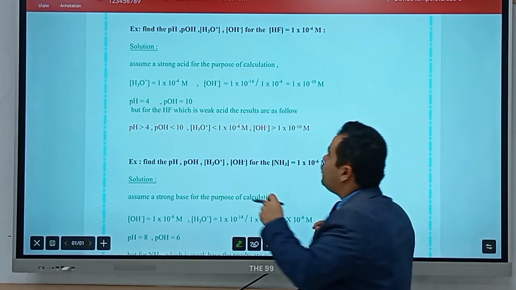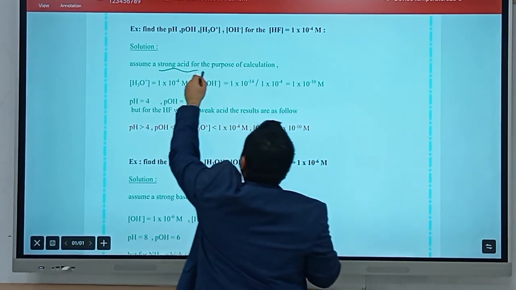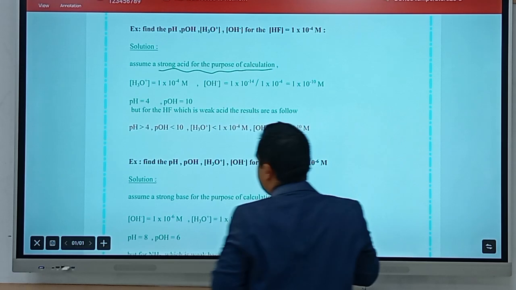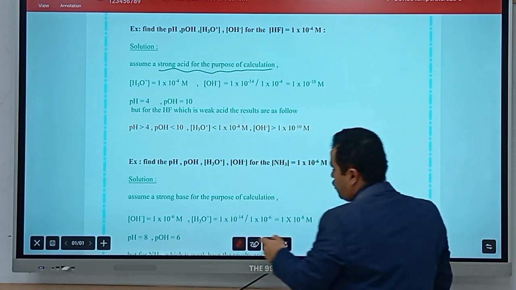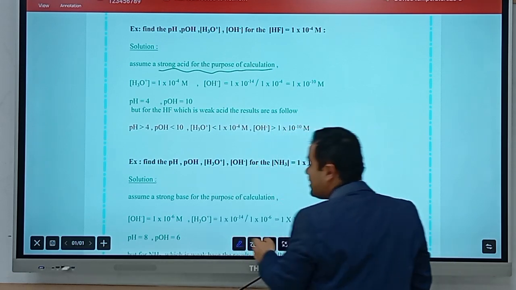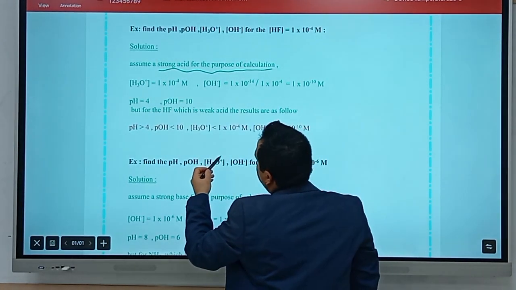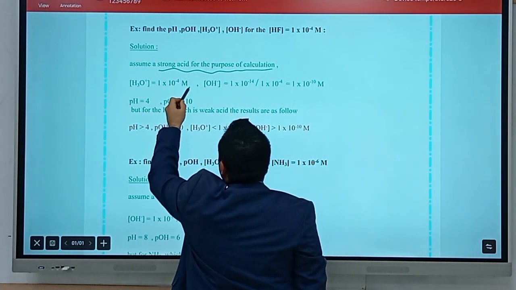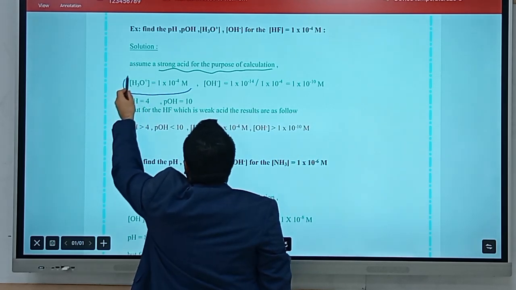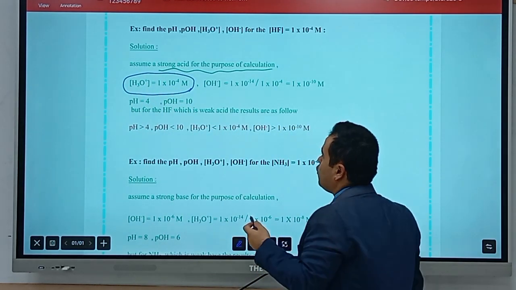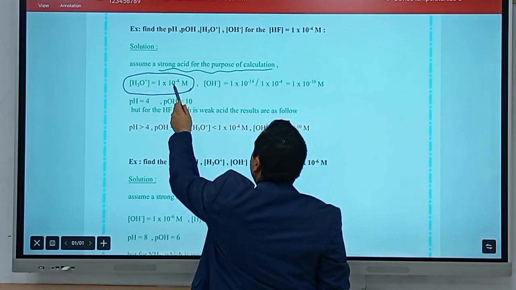First of all, we have to assume it as a strong acid for the purpose of calculation. When we assume it as a strong acid, directly the concentration of HF is equal to, as a strong monoprotic acid, 1×10^-4.